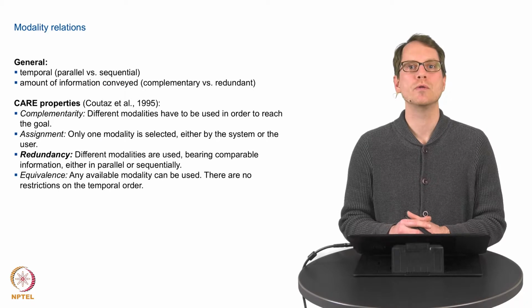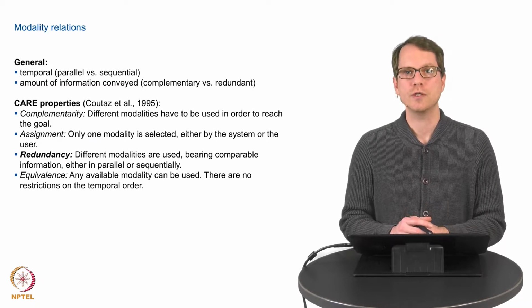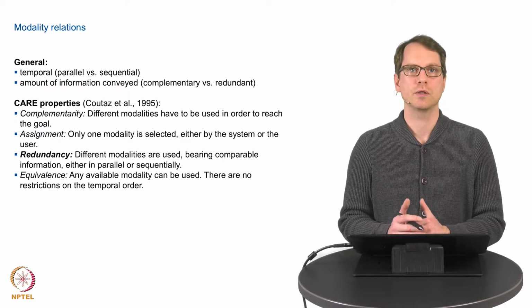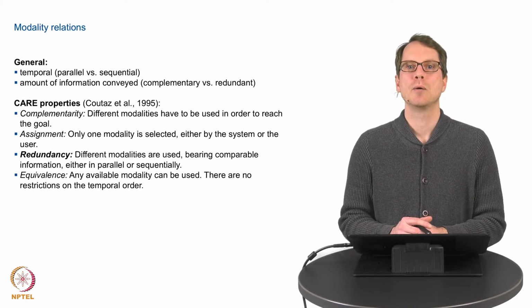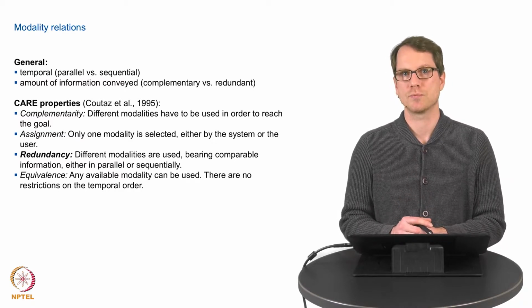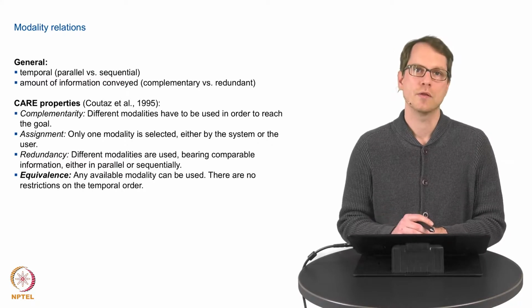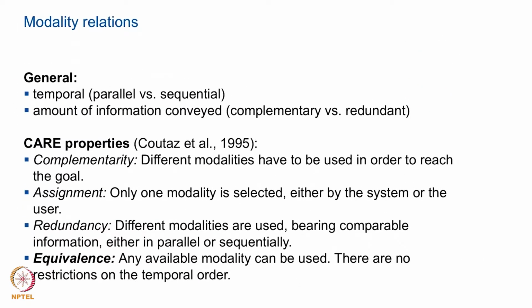So in fact, we don't need any of the pointing gestures anymore, at least if there's only one red circle and one yellow triangle. But nevertheless, the information provided by voice is still redundant to the pointing gestures. The last one is equivalence. Equivalence means that actually at any given time, any kind of modality can be used.